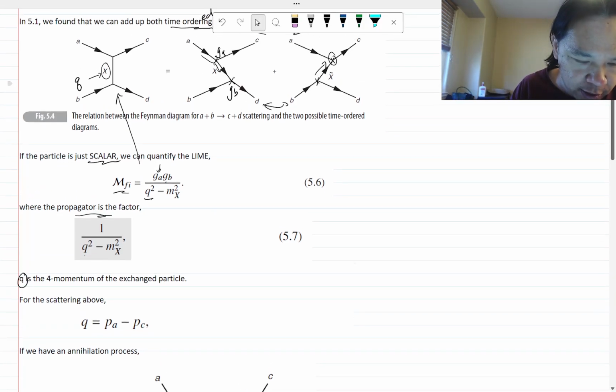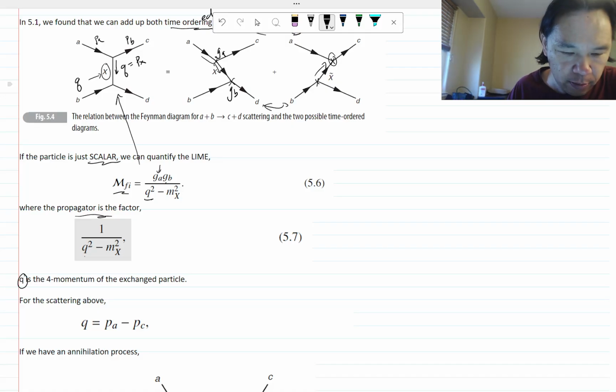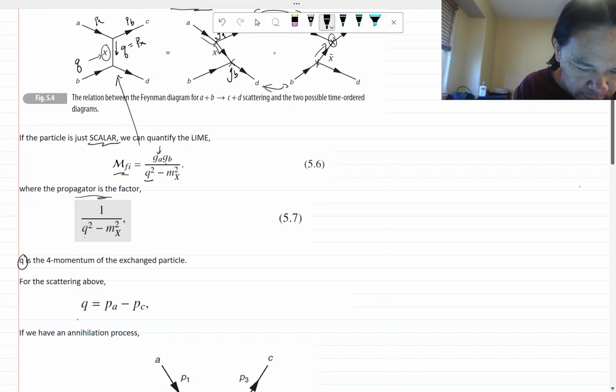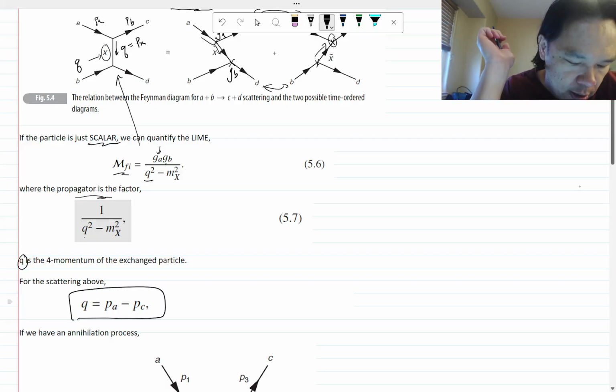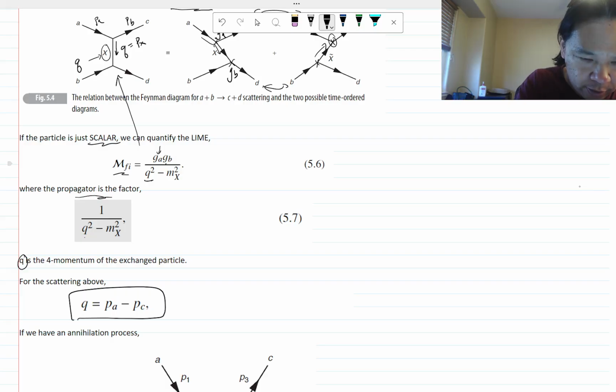So for the scattering above, you have momentum PA coming in, PB coming in. These are forward momenta. Then you have this Q coming out, which is the momentum of this X particle that we don't know about. So for scattering, this Q is the difference between the momentum of the incoming particle and the outgoing particle for this top half of the diagram. You can actually write it the same way using momentum B down here and momentum D down here.